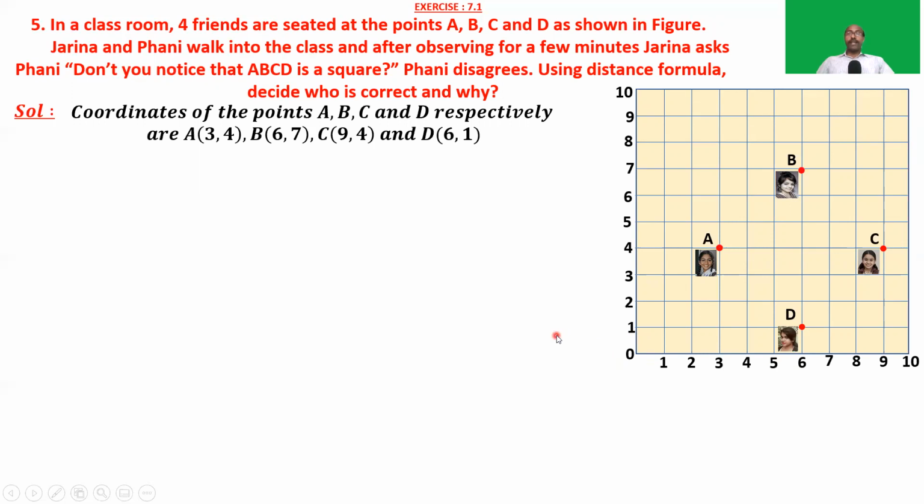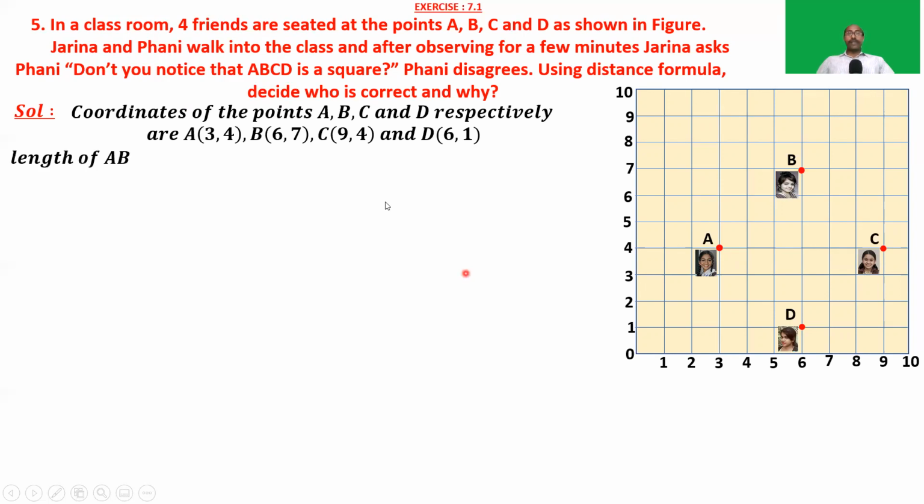These are the coordinates of A, B, C and D. So to find out who is correct, we have to verify whether ABCD is a square or not. If ABCD is a square, we know that all sides, that is AB, BC, CD and AD, are equal, as well as the diagonals AC and BD. So let us check whether these are the vertices of a square or not.